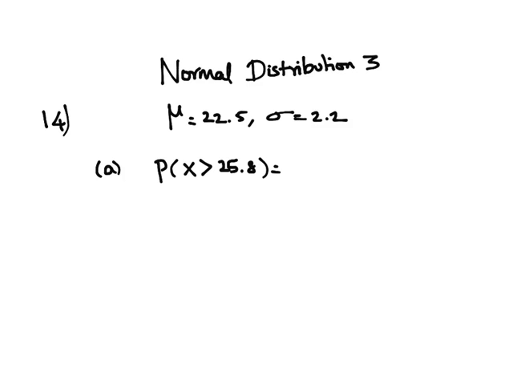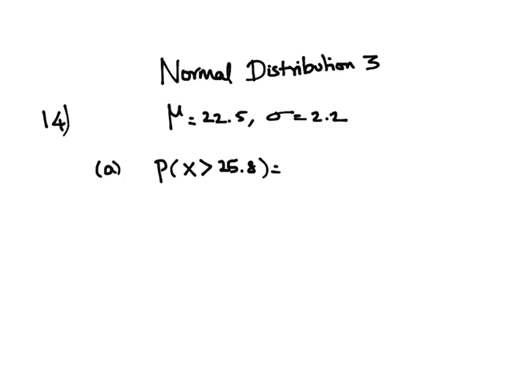So go to distribution, normal, go to NCD, and then so I want more than 25.8. So the least value is 25.8. So the lower limit is 25.8 and the upper limit is 10,000 and sigma is 2.2, mean is 22.5.